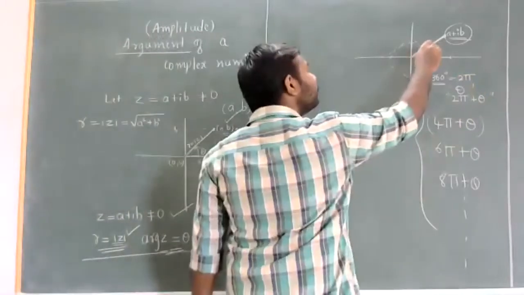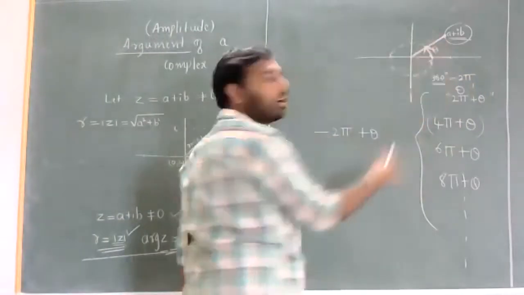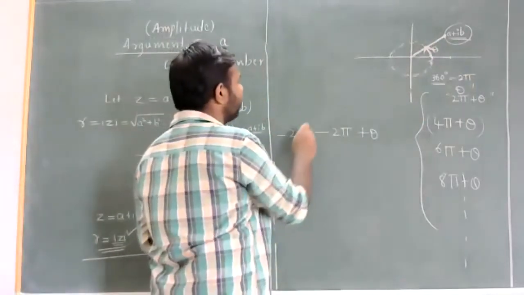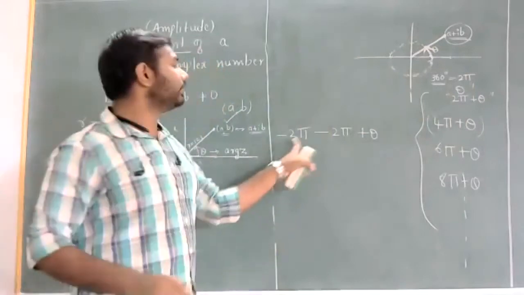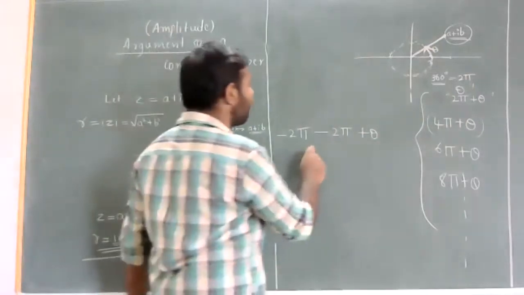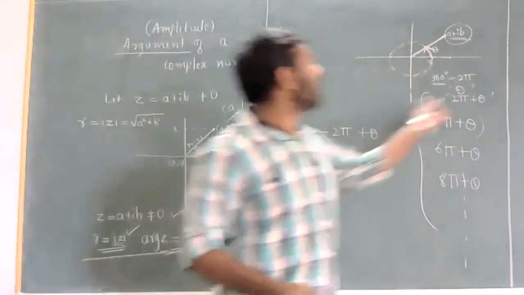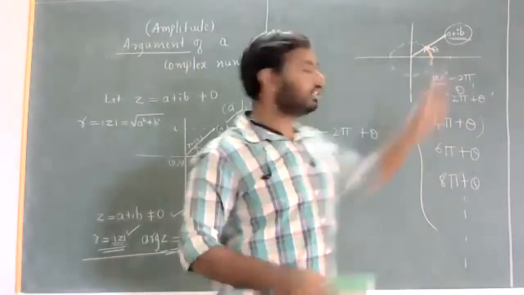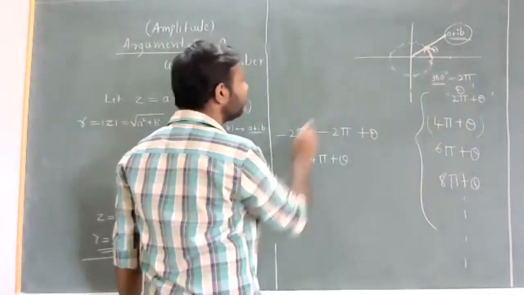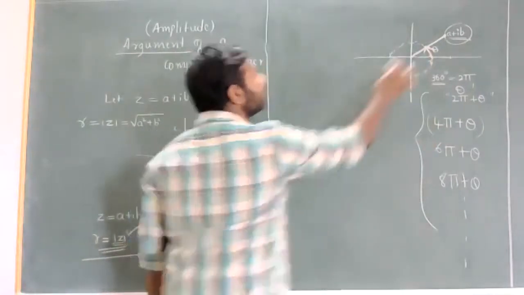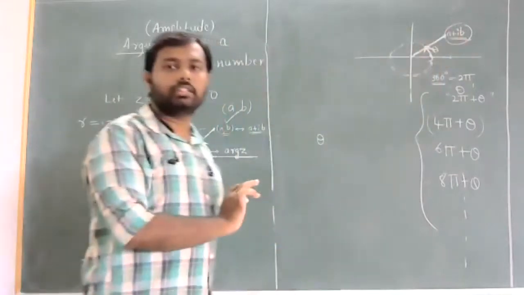Now once again, go around one circle in the clockwise direction. That means once again 2 pi, but in the negative direction. So minus 2 pi plus minus 2 pi plus theta means minus 4 pi plus theta. That gives the position same as theta. So what are the angles? Theta is the original position.